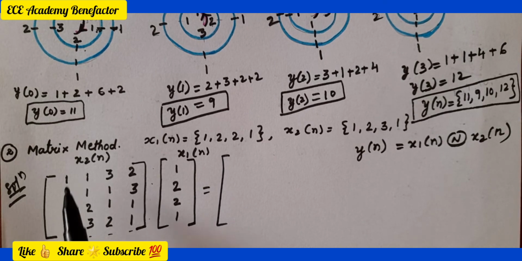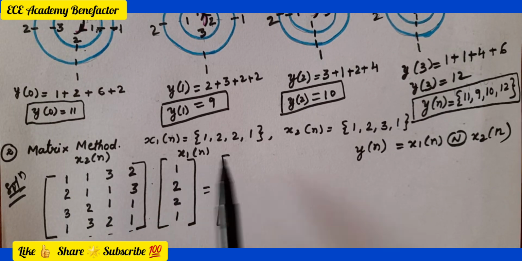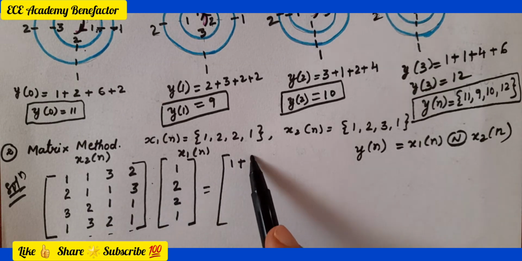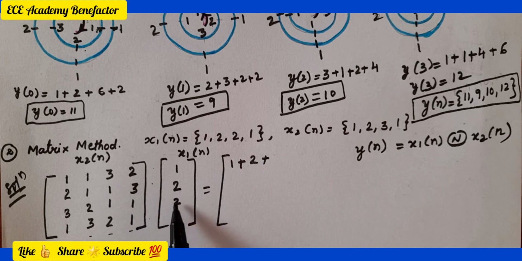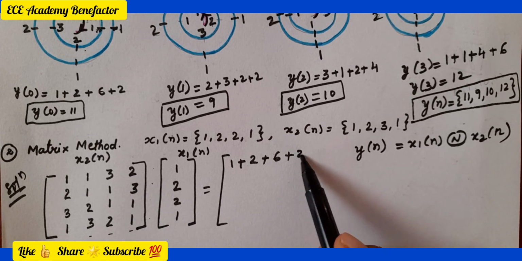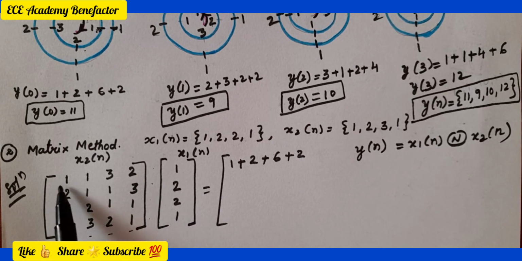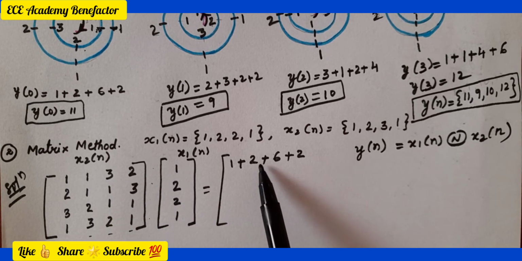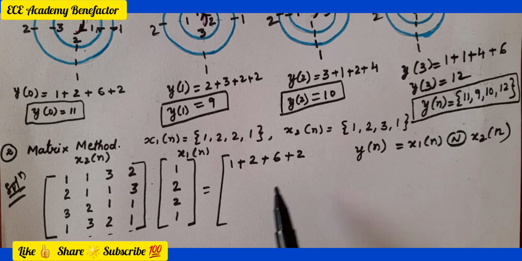I hope you know how to solve the matrix. 1 into 1, 1 plus 1 into 2, 2 plus 3 2s are 6 plus 2 into 1, 2. So we have to multiply this row, each element with each element of this column. So it will be how much? 11.